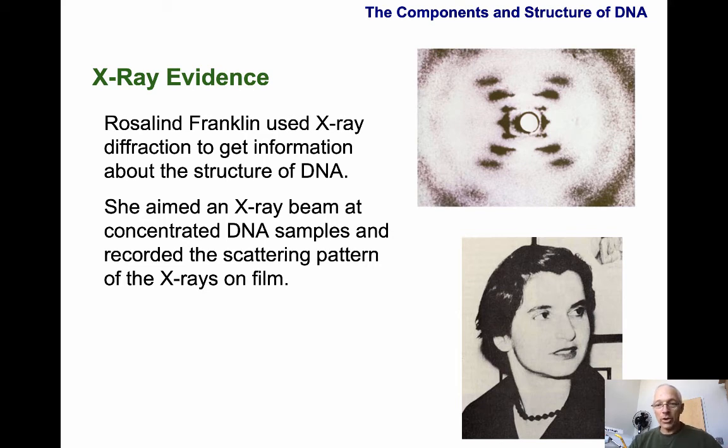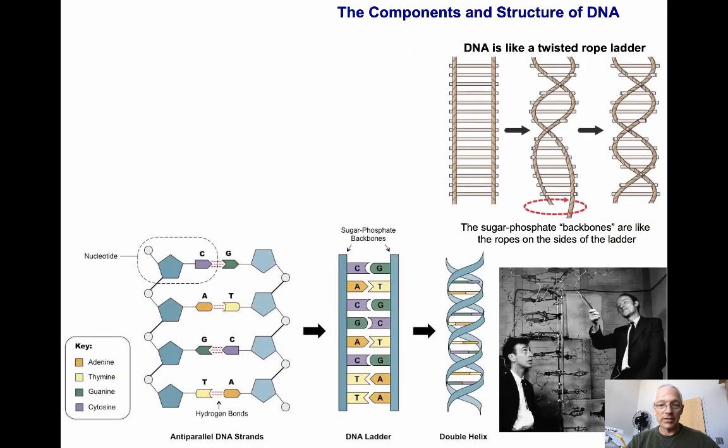And I know it doesn't necessarily show that from the picture here, but Watson and Crick and other people who knew a lot about DNA looked at that picture, and it suggested a structure to them. It suggested that DNA was a double helix. And we'll see what that means in just a second.